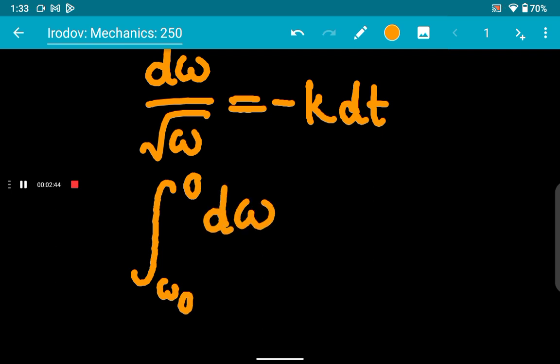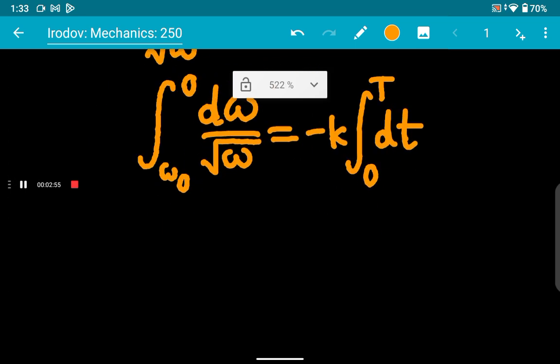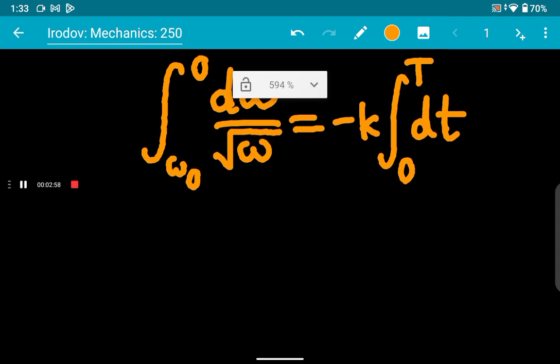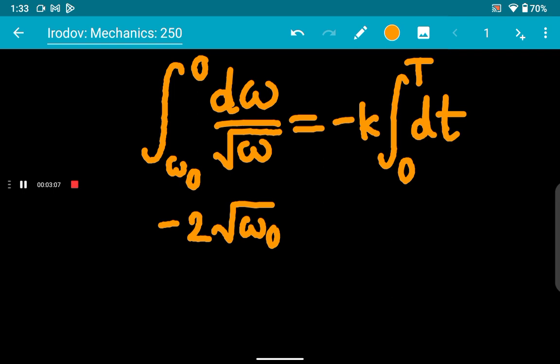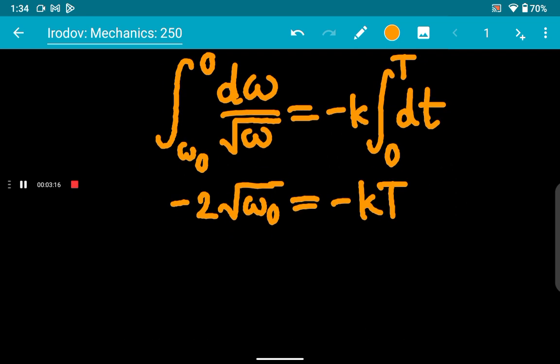So this gives you the limits, and for the time also you have the limits, 0 to capital T. Capital T is the whole time period of the object moving. This integration will give you minus 2 root omega naught, as root over 0 is nothing but 0, and this is minus kT.